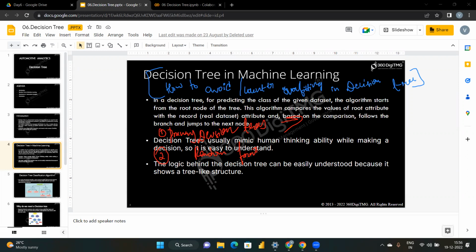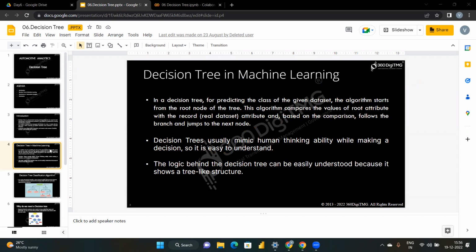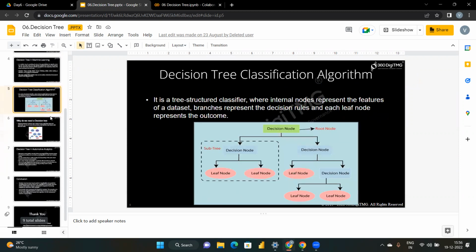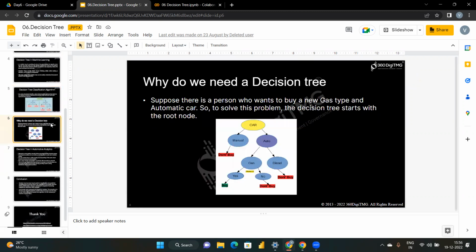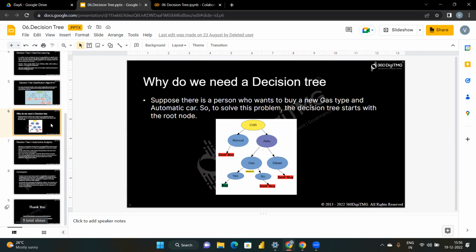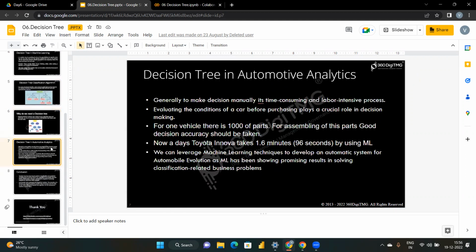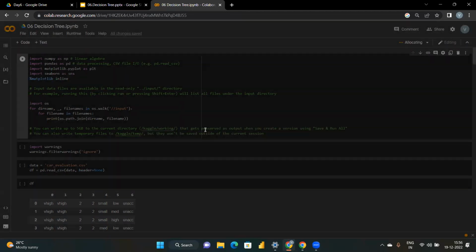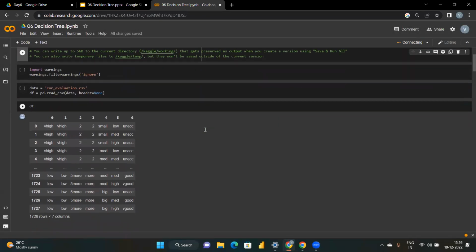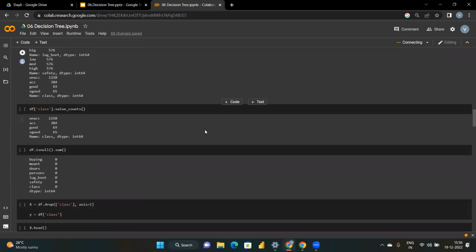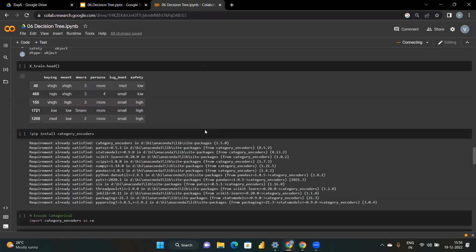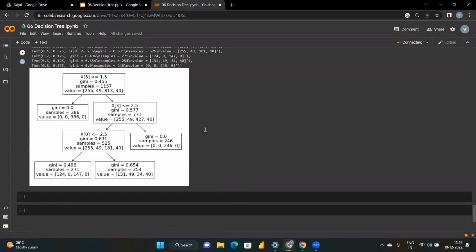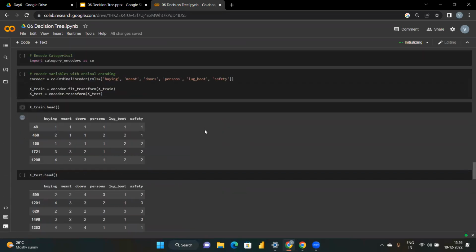In tomorrow's session, we'll see the decision tree classification algorithm, why we need decision trees, and decision trees in automotive analytics. We'll also see the code, guys, and how the decision tree is useful in automotive analytics.